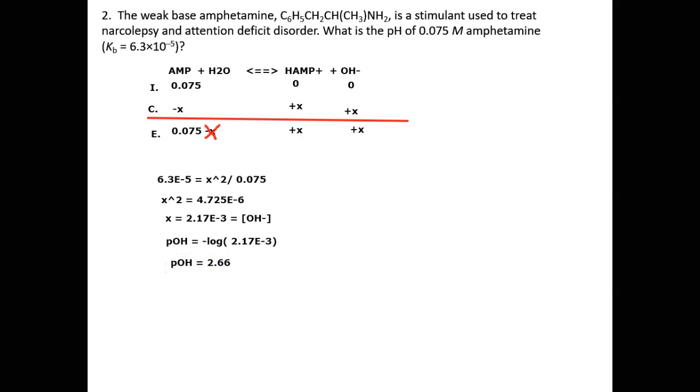So then we've got to subtract it from 14, and that would be 11.34, right? Yeah, that's right. And that's the pH of this solution. So it's very basic. So again, don't forget that when you find X, you're finding the pOH, and then you convert it to pH.